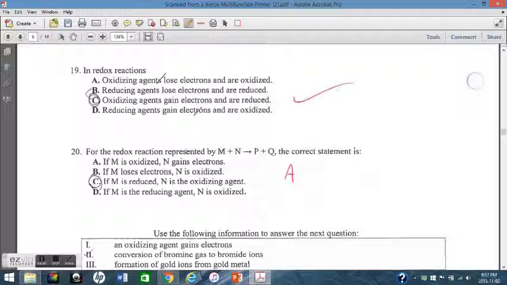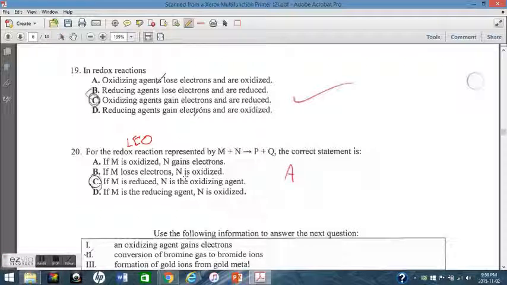And so if M is oxidized, again, Leo the Lion says grr, so for A, loss of electrons would be oxidation, which means that the other thing on that same side gains electrons. In fact, if we look here, if M loses, N is oxidized. Well, no. If it's a redox, it means something is being oxidized and something is being reduced.